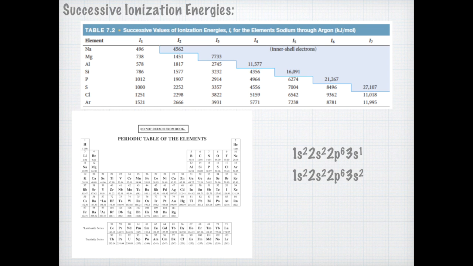But as soon as you start trying to remove electrons from the inner shell, the 2p, that's going to require quite a bit more energy, and in fact almost 7 times as much energy as it was to remove that second electron. And so as a result, as you can see, ionization energies will increase as you remove the first, the second, the third, but then you're going to have big jumps as you start removing electrons from the inner shell of electrons.